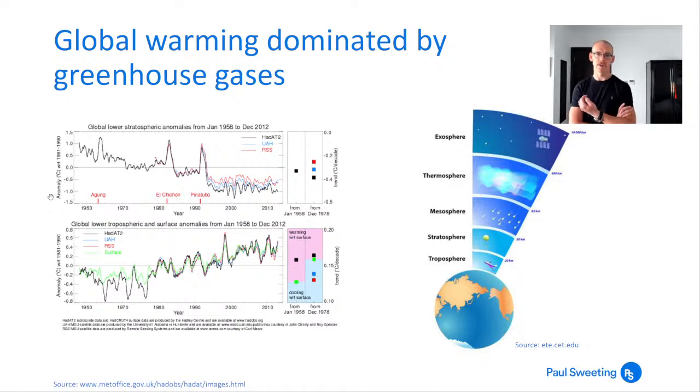So these two charts on the left-hand side look at temperature anomalies in the lower stratosphere and in the lower troposphere and on the surface. So the troposphere is the bit of the atmosphere closest to the Earth. Above that, you've got the stratosphere. And what you can see is that since 1950, the average temperature in the stratosphere has been declining.